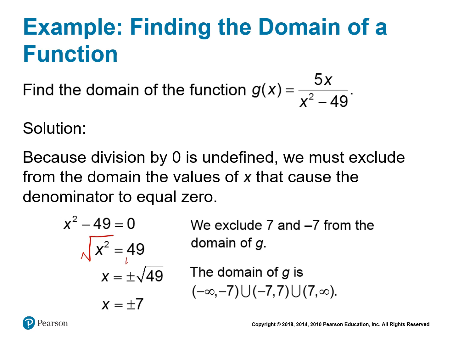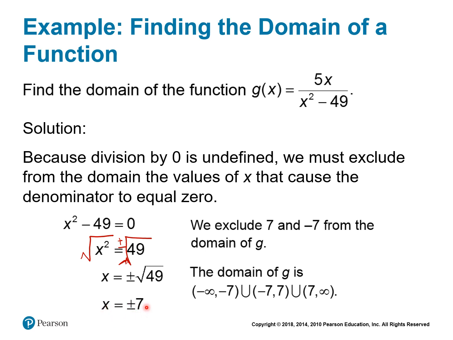But we have to make it a plus minus square root of 49. Okay, and then we get x equals plus minus square root of 49, therefore x is plus minus 7.